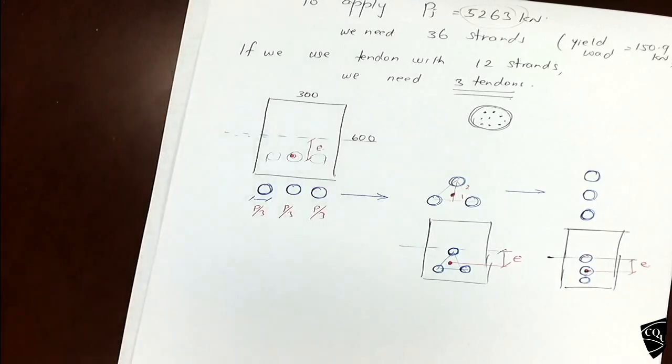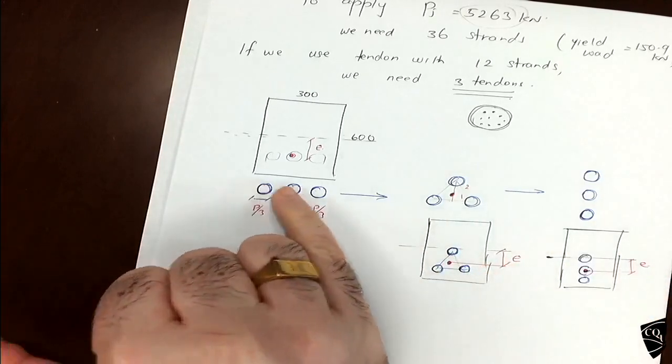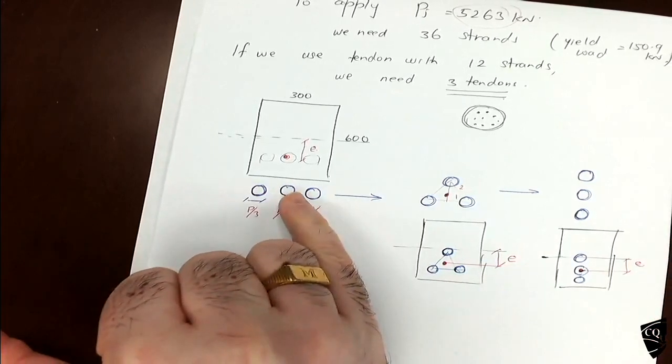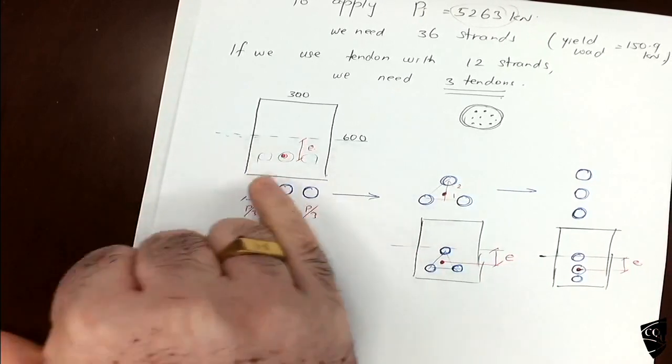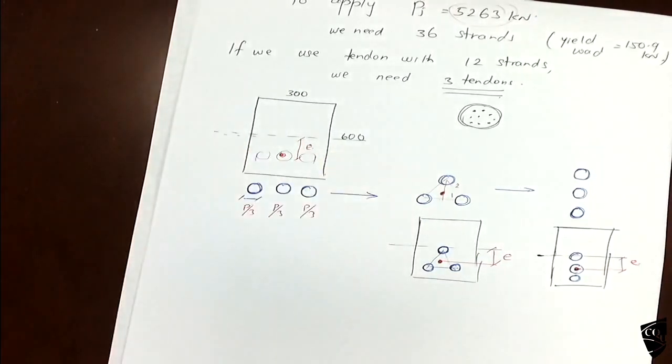So now we have learned how to find the number of tendons, how to select the number of tendons, and how to arrange them. When you arrange in one row, it's easier, but it is not always possible to have all in one line.